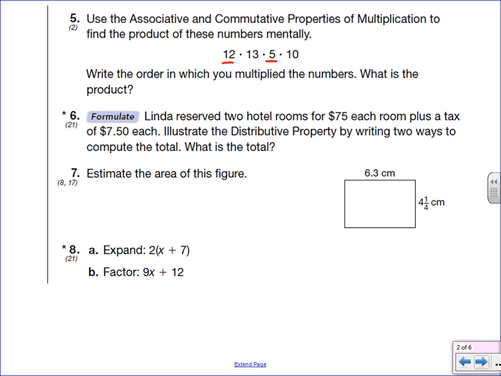And then I would also like to do 10 and 13. So I'm going to rearrange these, and I'm going to say 12 times 5 times 10 times 13. Then I'm going to group them, and I'm going to do 12 times 5 first.